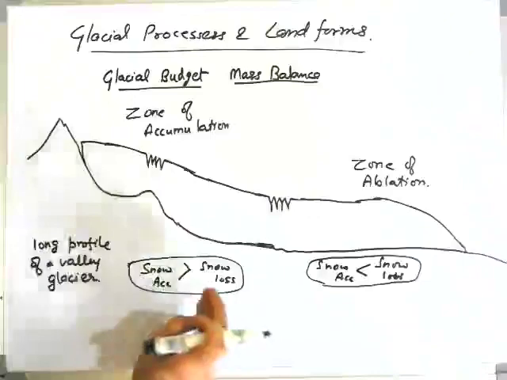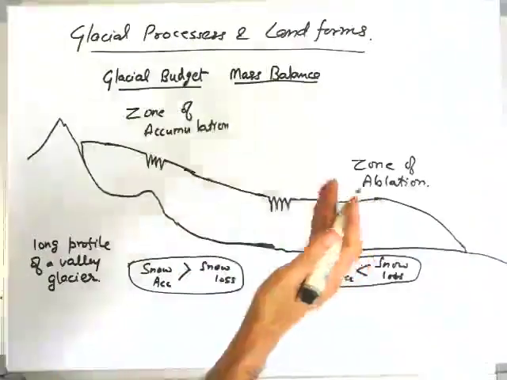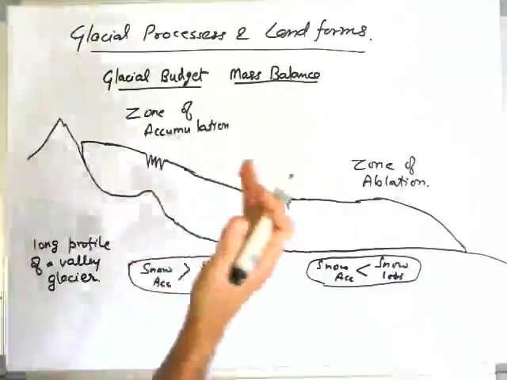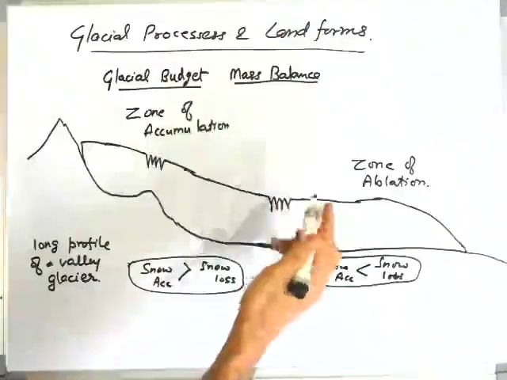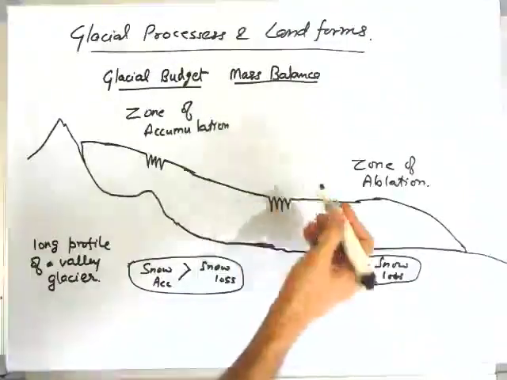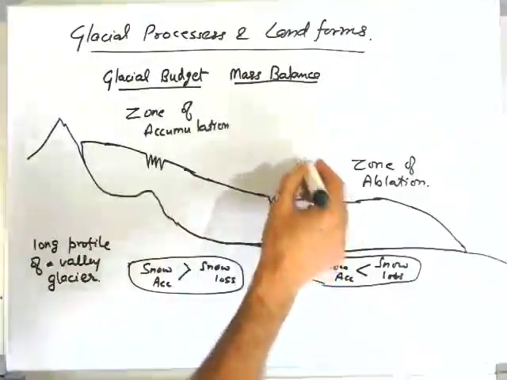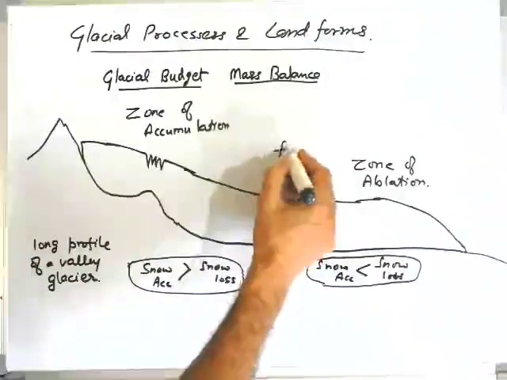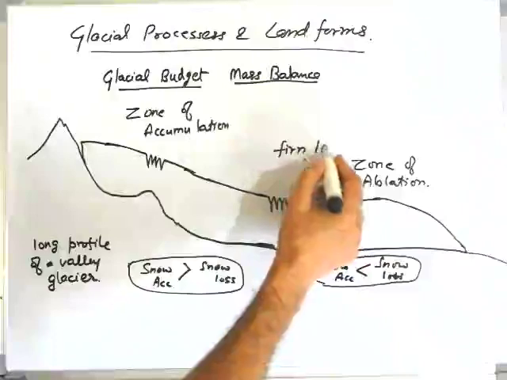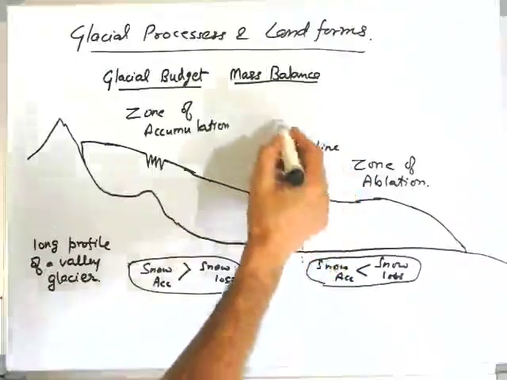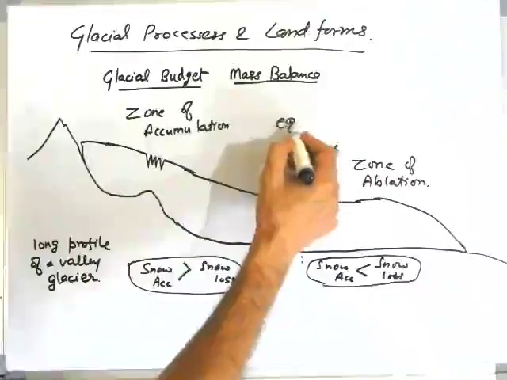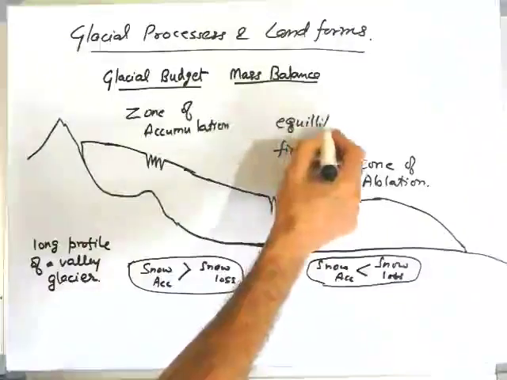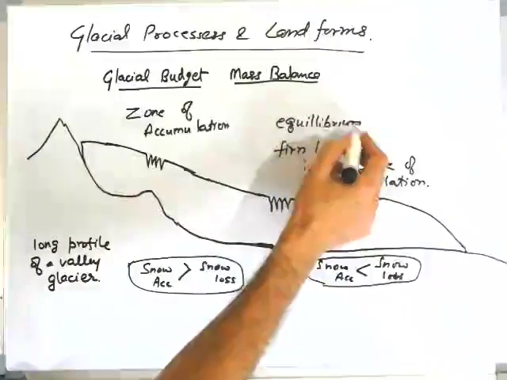Here the gains are more than the losses, and there must be some dividing line between these two zones, and let us say it is somewhere here. This is known as the firn line or equilibrium line.